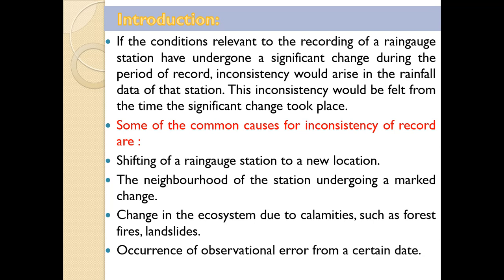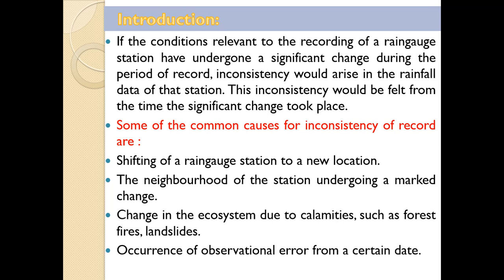These are the reasons due to which there is a possibility of marked change in the ecosystem due to calamities such as forest fires, landslides. Again, there is a possibility of natural calamities, the same things: forest fires, landslides, flood, earthquake.